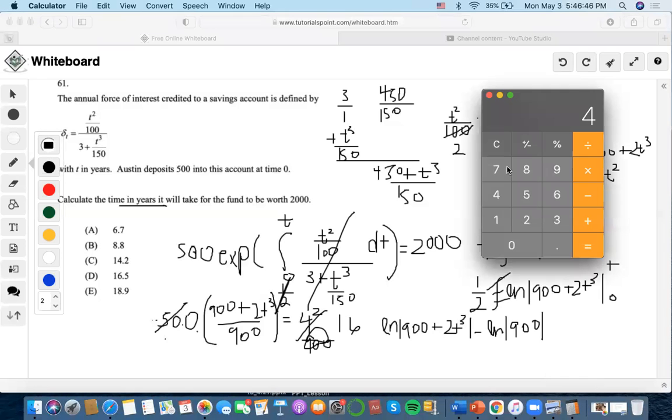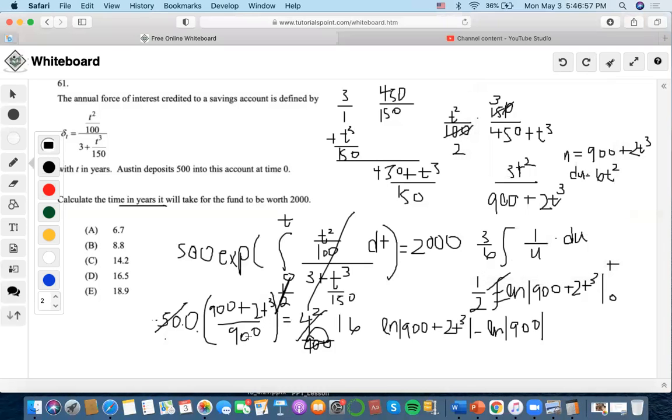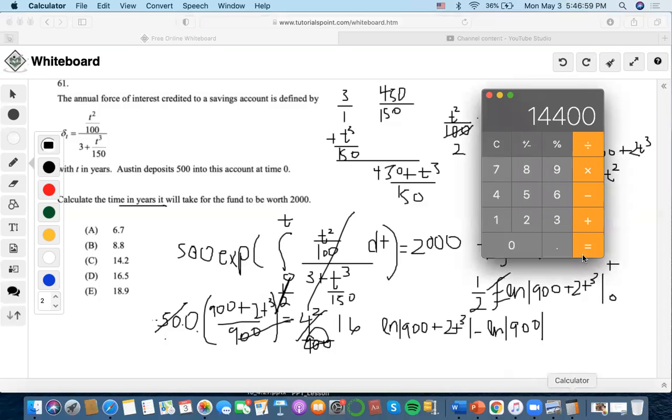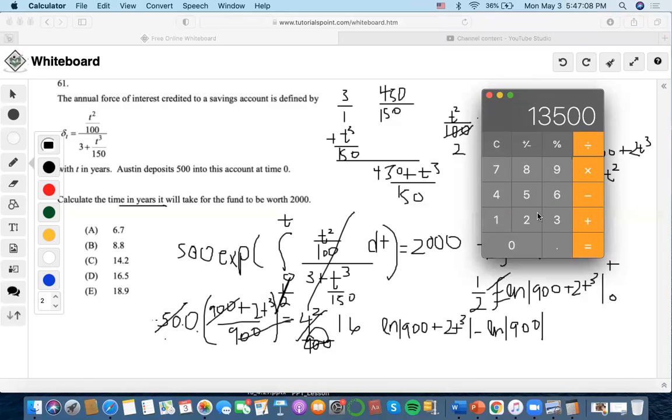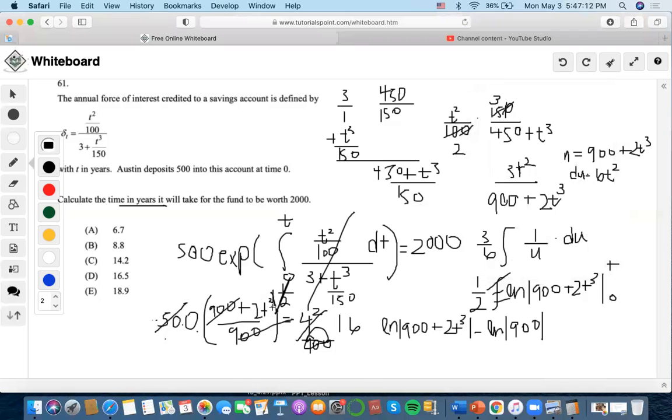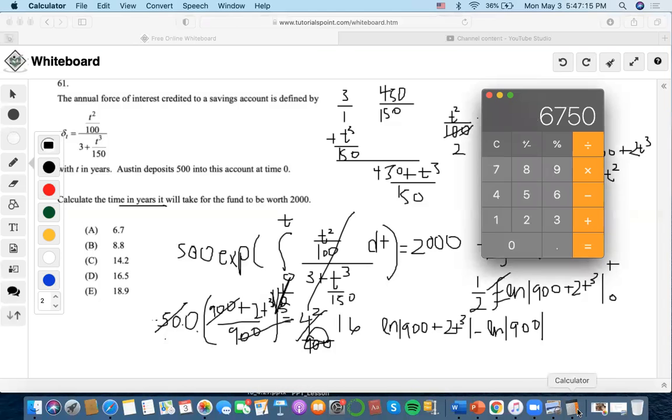Now we do 16 times 900, which is 14400. Now we subtract the 900. Okay, good. Now we divide by 2. Nice.